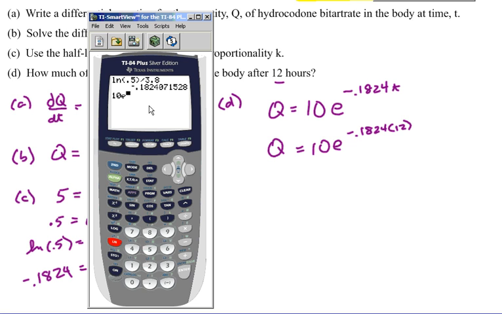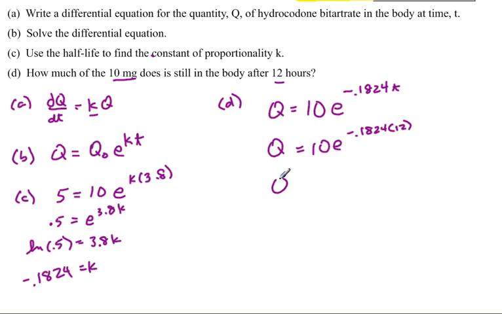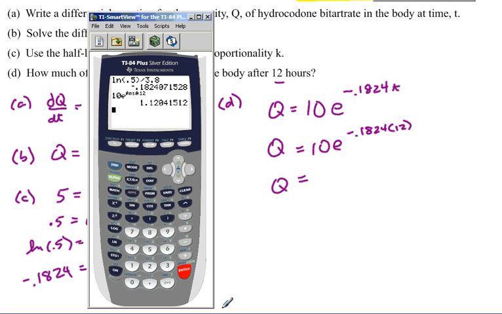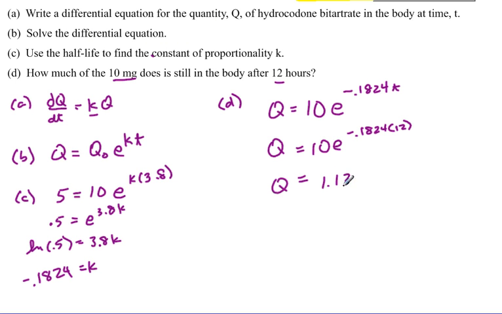And you know that number, rather than rounding it, it's sitting right there. So I'm going to take the second answer times 12. And there's my answer. The amount that's left is 1.12. So 1.12 milligrams is going to be left after 12 hours.